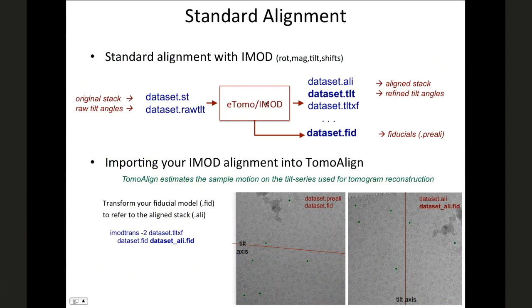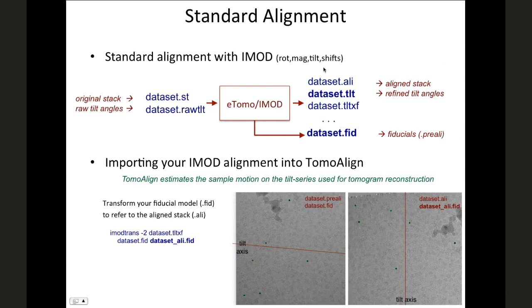Then with these fiducials, the final alignment is carried out, and we obtain the aligned stack, refined tilt angles, and some additional auxiliary files. To connect IMOD with TomoAlign, or to import the IMOD alignment in TomoAlign, we need to do an intermediate step. We need to know that TomoAlign estimates the sample motion on the tilt series used for tomographic reconstruction.